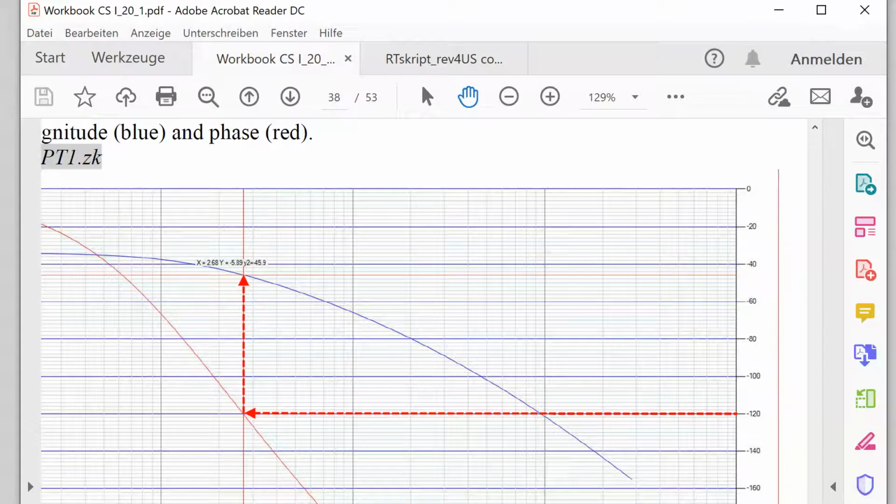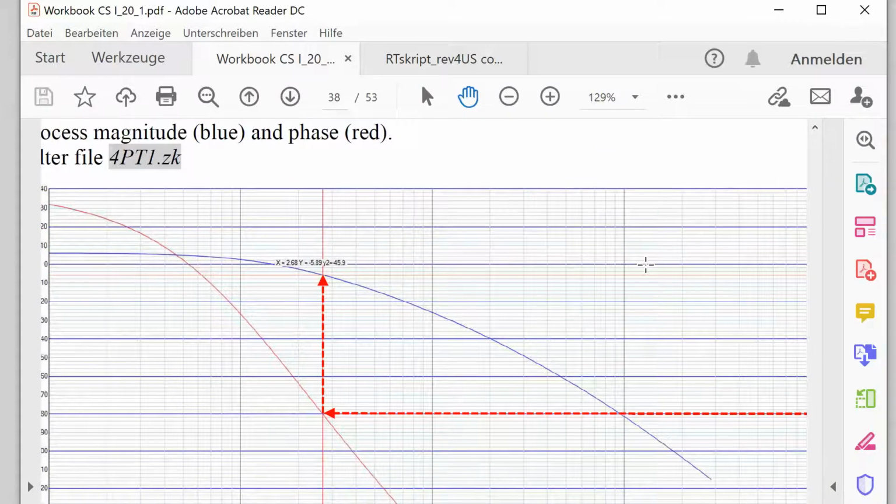I have deleted all other parts of the curve because normally we have phase wrapping at minus 180, and then this curve is continued with a shift of plus 360 degrees because the sinusoidal signal has no change if I shift the signal by completely one period, and one period is a phase shift of 360 degrees. But I have wiped this out because our interest is only in the region before I reach minus 180.